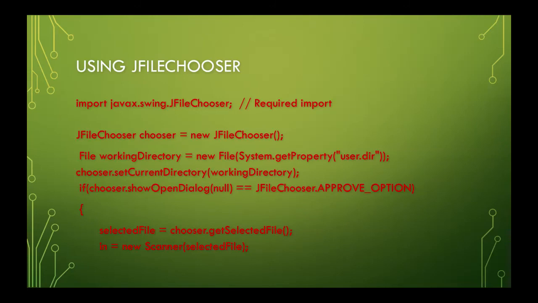So here's the syntax for this. You can see that we have to import the JFileChooser, and that's part of the Swing library. And I'm going to point that out because we'll get into that again later. But if you look, it says import javax.swing.JFileChooser. So everything after Java 1.1, starting with Java 1.1, pardon me, is called Java 2.